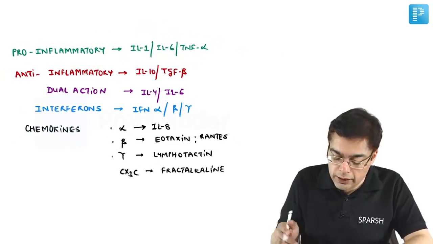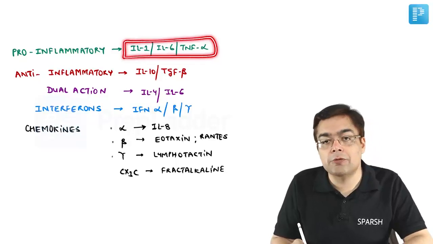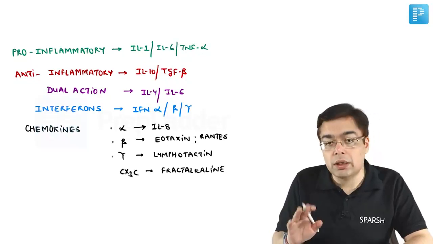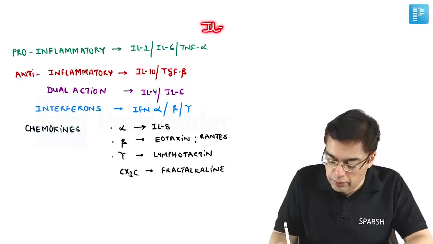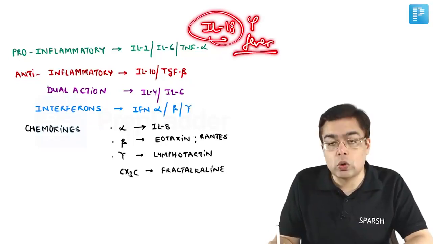We need to be familiar with the fact that all these systemic pro-inflammatory cytokines can be responsible for causing an induction in fever. However, what we just need to remember over here is a simple fact that one important member of the interleukin family, and I want you to specifically remember it, interleukin 18, is not associated with development of fever.